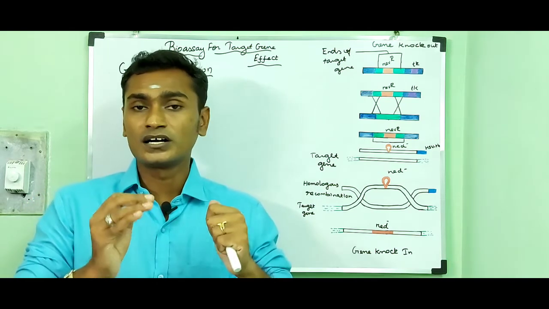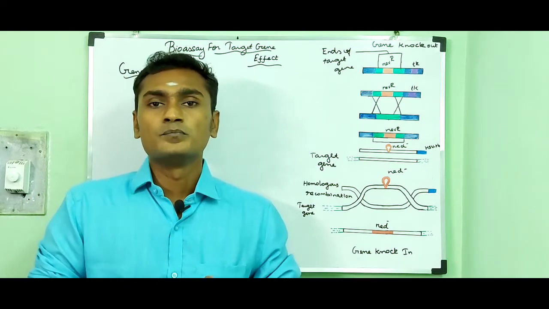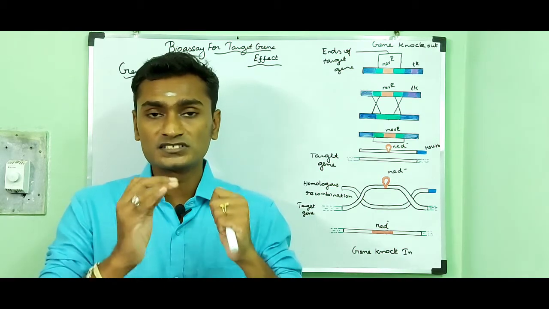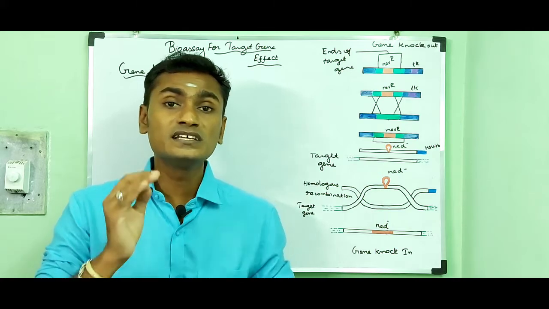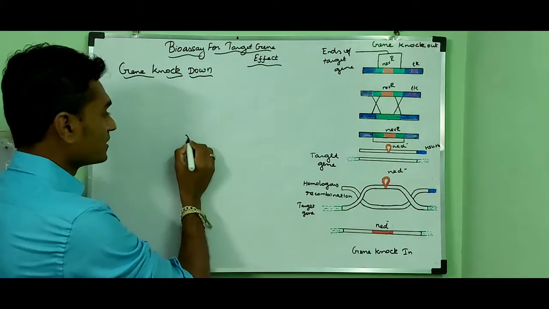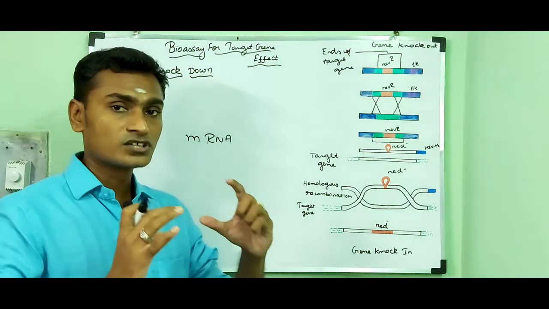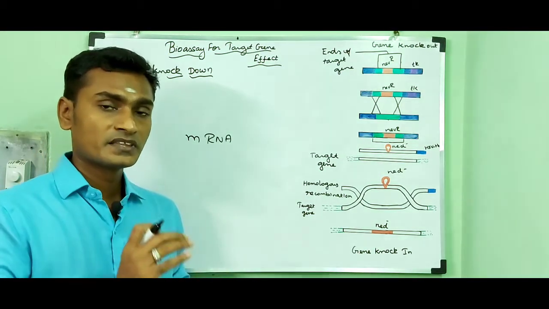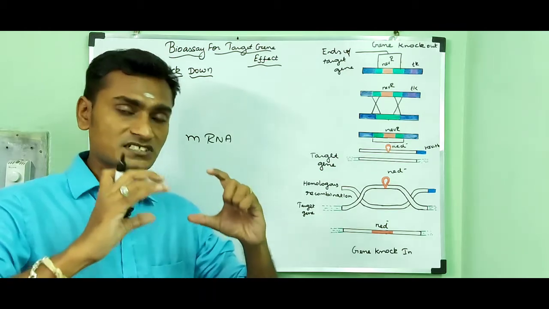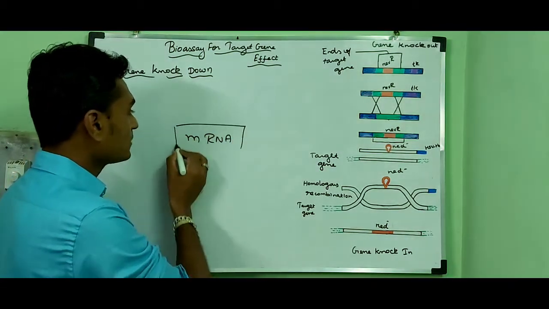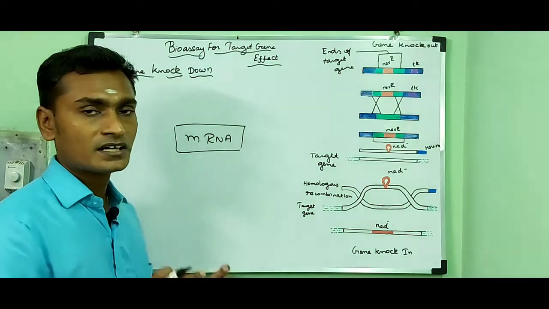So that short RNA molecule can make that particular gene silent by degrading the mRNA, and that process is called gene knockdown.